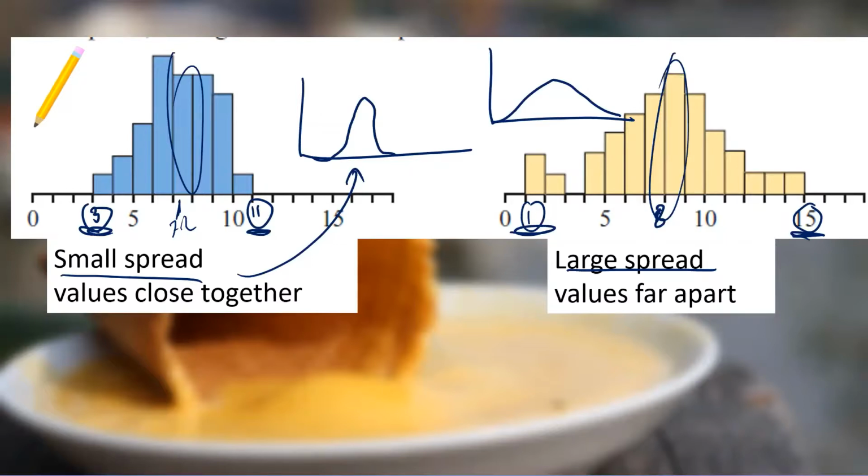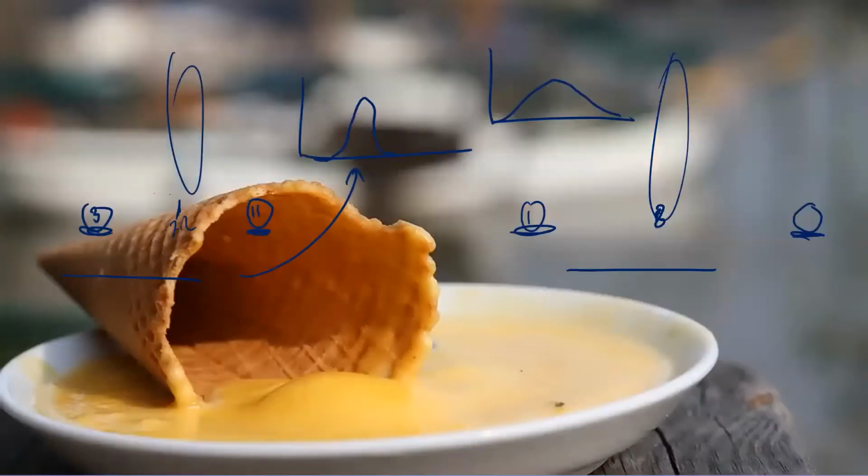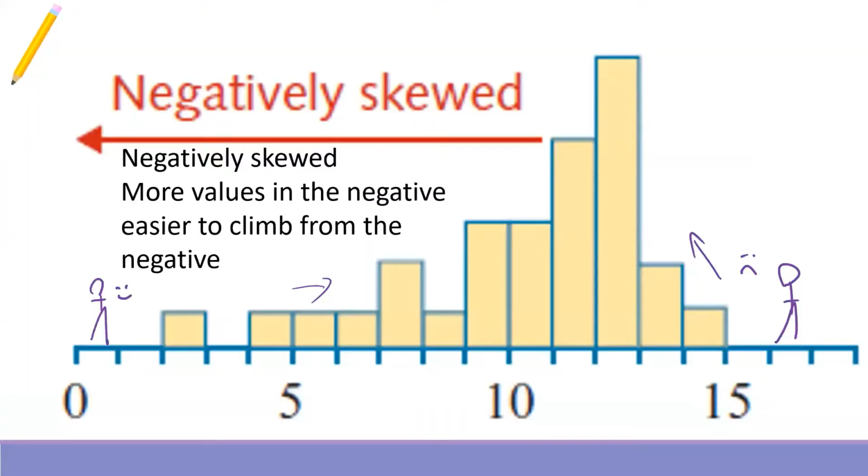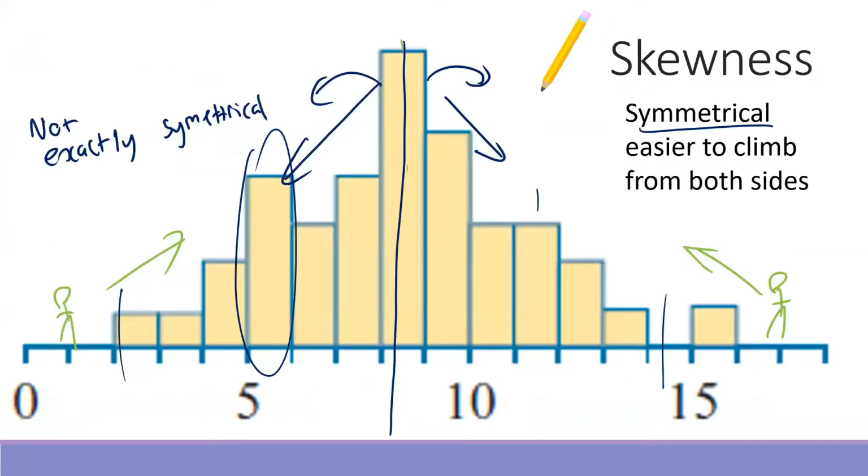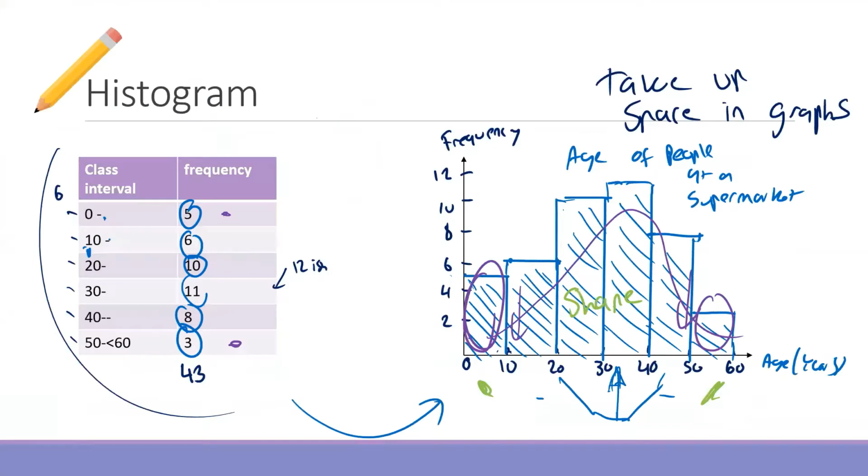Also, with both spread and skewing, you can only tell that a graph is skewed properly once you've turned it into a histogram. You can't really look at this data and tell me whether or not it is spread out. And it's very difficult to look at this data and say it's skewed, because you really need to plot it out before you can get a good idea of what's going on.